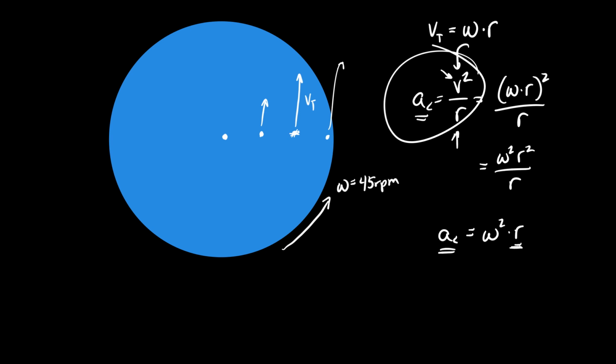You still have to figure out how fast you're going when you stand there. So for things that are spinning, this is usually better to use because the whole thing is spinning at the same speed.